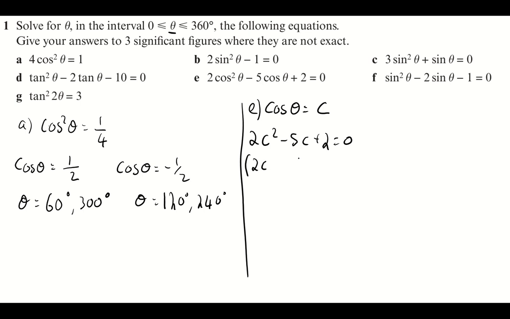We can factorise that quadratic. So we want minus 2 minus 1, I think. So we get c is a half, or c is 2. Remember, c is cos.